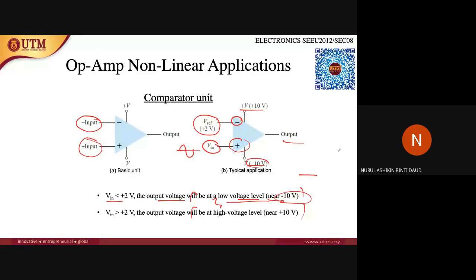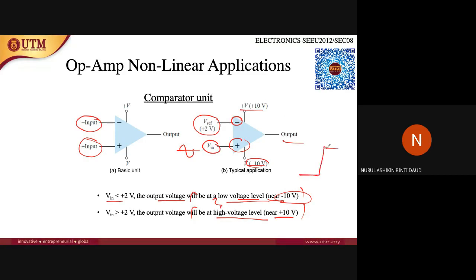But if V input is bigger than positive 2 volts, bigger than the reference value, the output voltage will be at a high voltage level near to positive 10 volts, which is the maximum.